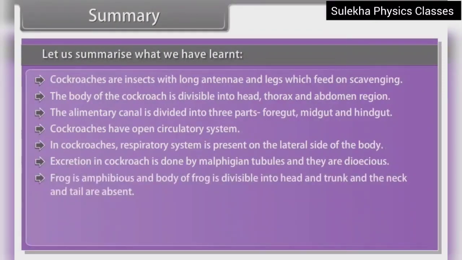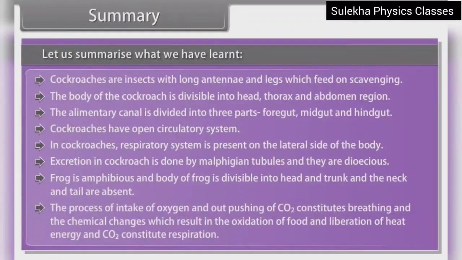Frog is amphibious and the body of frog is divisible into head and trunk; the neck and tail are absent. The process of intake of oxygen and outpushing of CO2 constitutes breathing, and the chemical changes which result in the oxidation of food and liberation of heat energy and CO2 constitute respiration.